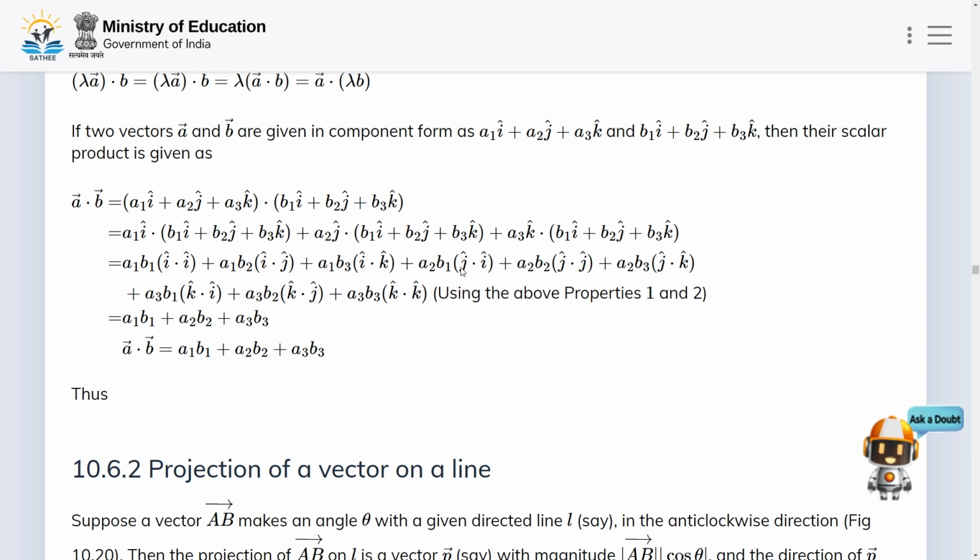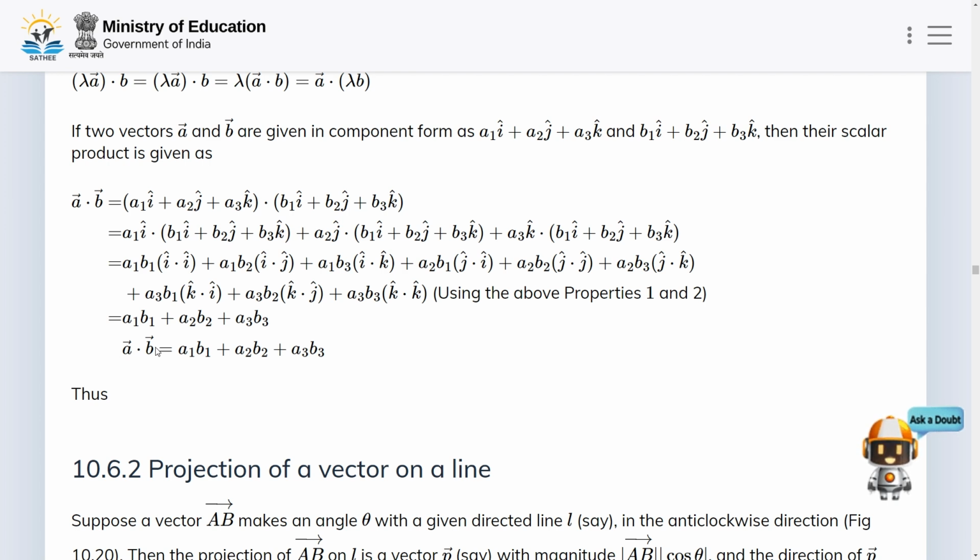Yes, the same goes for j dot i and j dot k, and same goes for k dot i, k dot j. Okay, using properties 1 and 2, you will get a1 b1, a2 b2 and a3 b3.